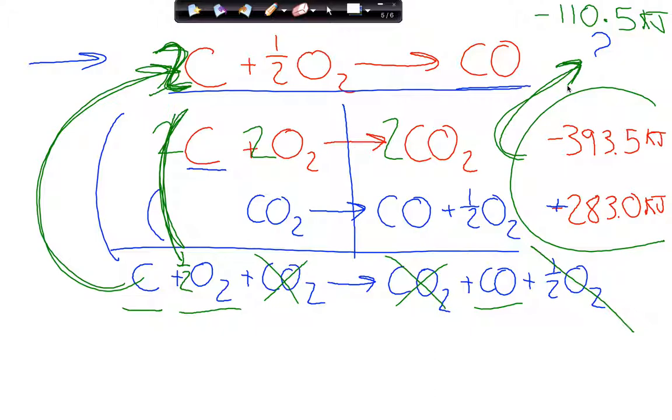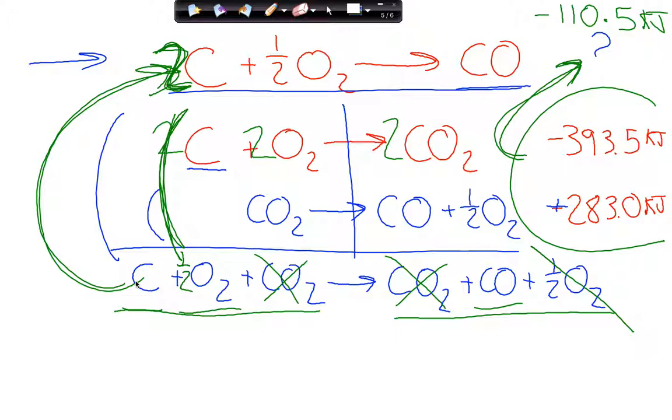I can't undo without erasing, so let's go through it. Once we got to here, we just brought down the carbon, the O2, and the CO2, and then we brought down the CO2 and the CO, and then we started canceling things on both sides. We had a carbon here but not over there, so it stayed.